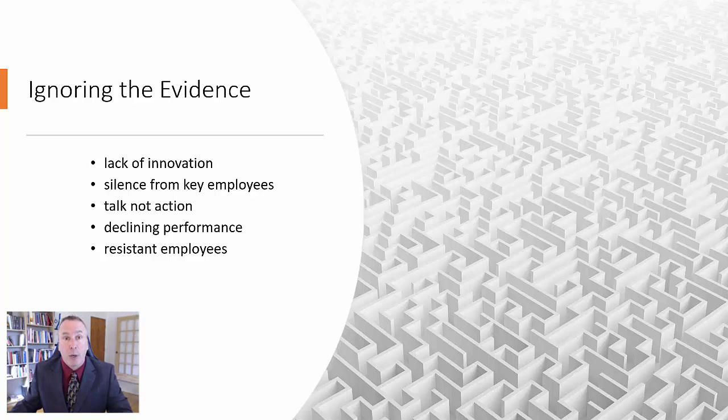Perhaps a lack of leadership, perhaps management that is not open to discussions about how to innovate and change. Perhaps there's lack of collaboration within the organization, leading to key employees, the ones that you would expect would provide some ideas on how to innovate and change and improve the organization, being silent. If they're silent, that's an indicator of a problem.